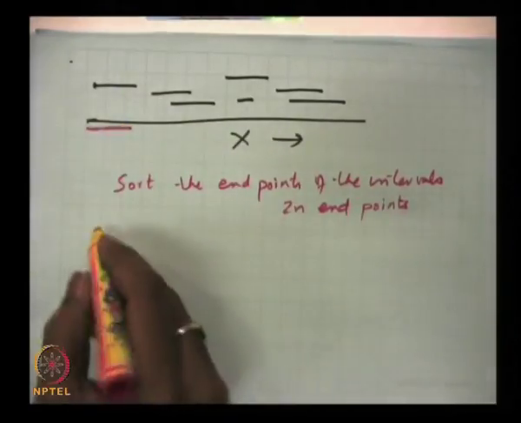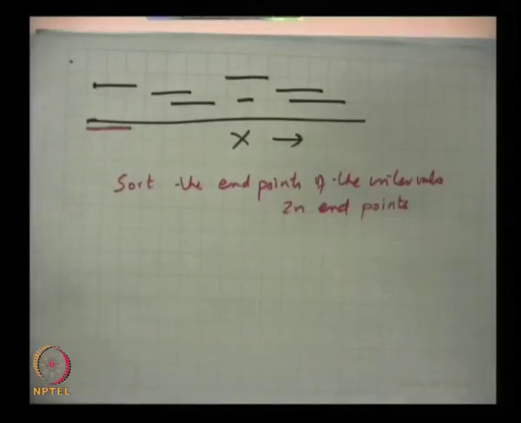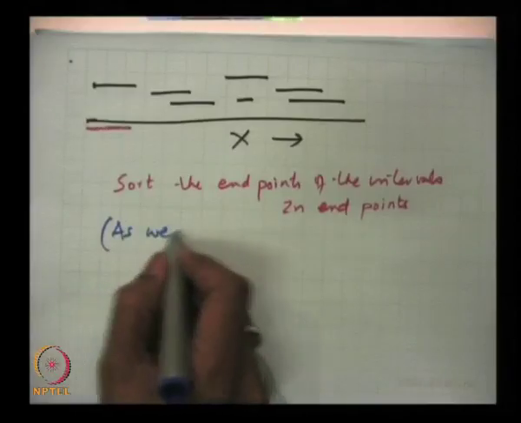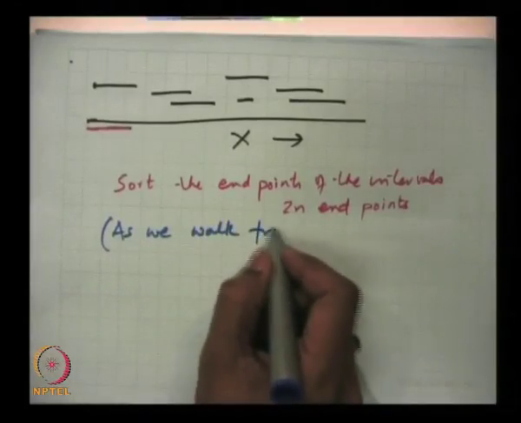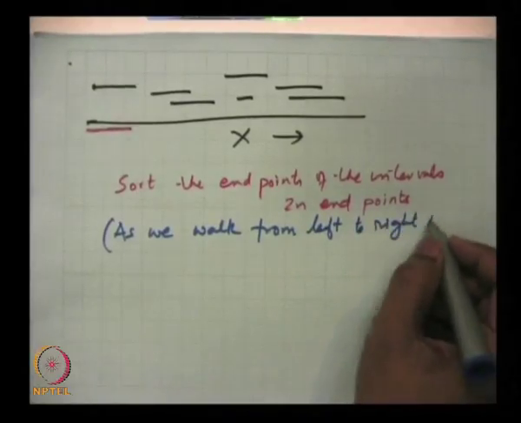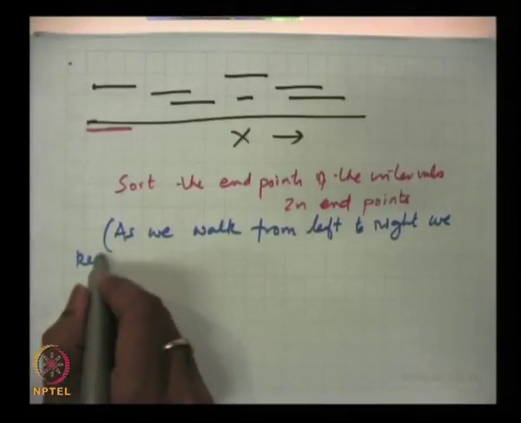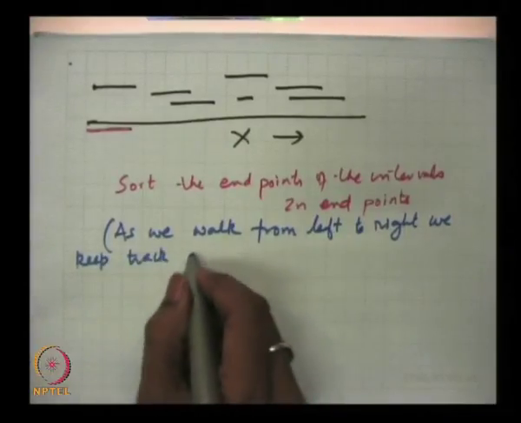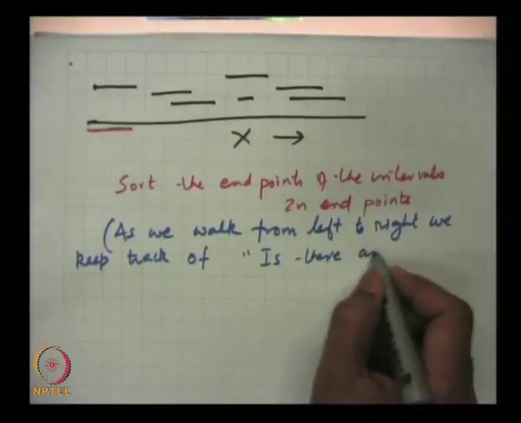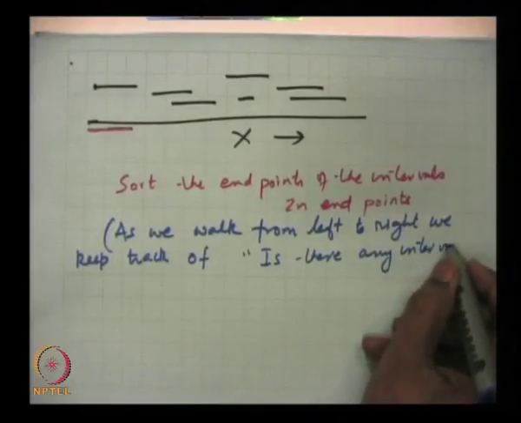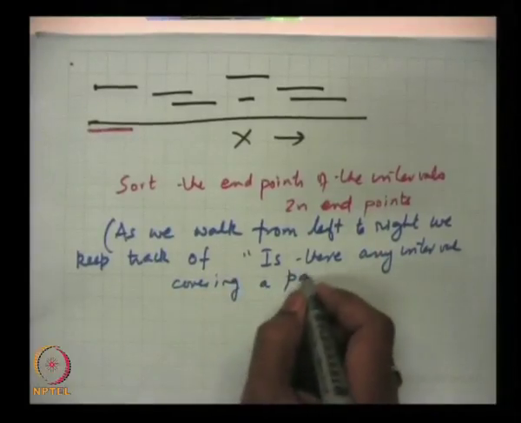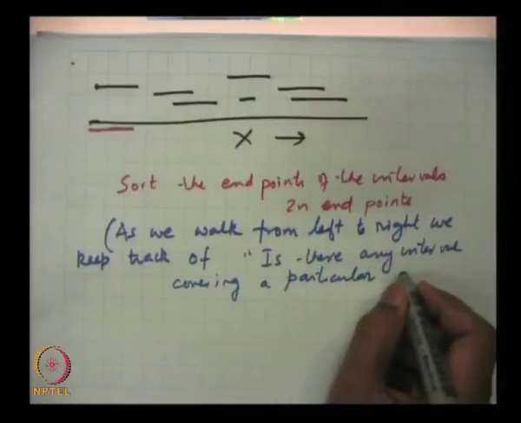So, we also keep track of, using another color, as we walk from left to right, is there any interval covering a particular x value.